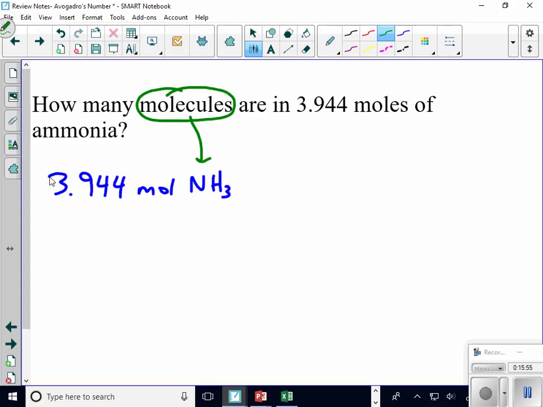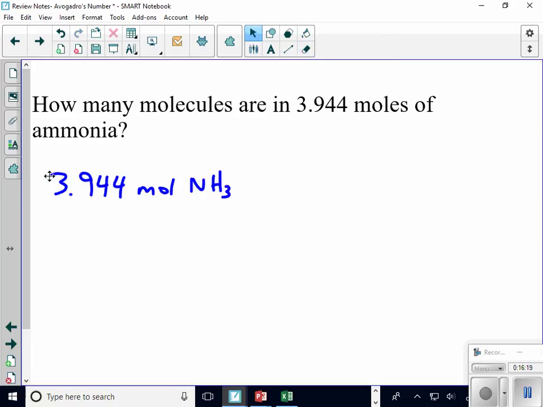If I look at ammonia, what type of bonding will ammonia have? Covalent bonding. Would I label something that is covalently bonded a molecule? Yes. Okay. So once again, I check my labels. They jive, so I'm good.